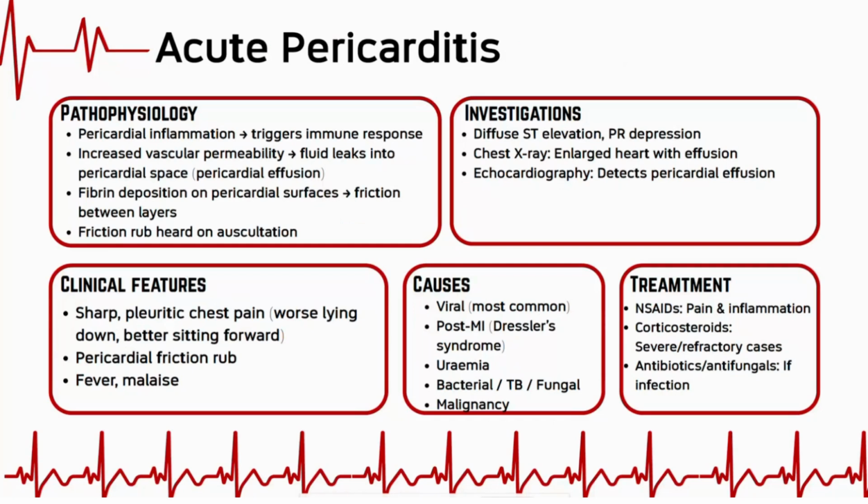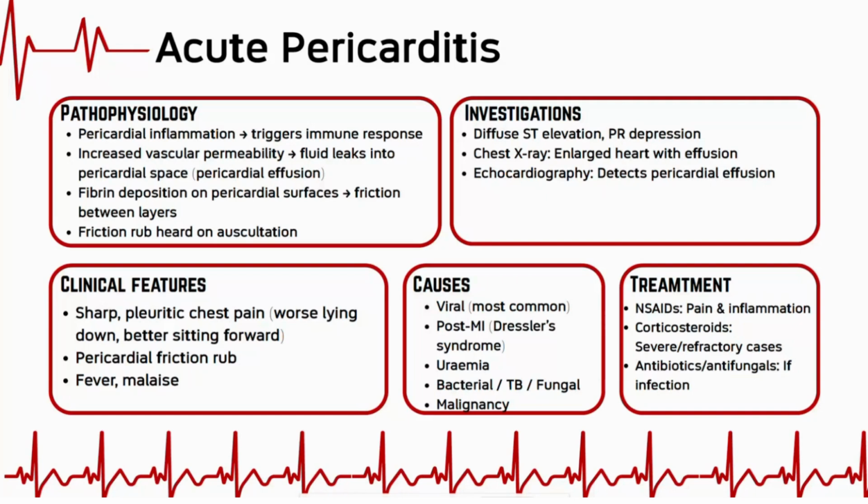Now, I also want to just talk to you about a couple more things that you need to know about acute pericarditis that's not really in the slide. We have various levels of pericarditis that we need to know. As I said, acute pericarditis is new onset, with symptoms lasting less than 4 to 6 weeks.